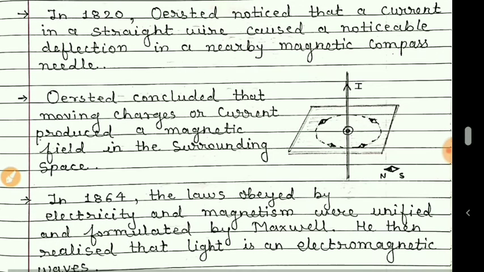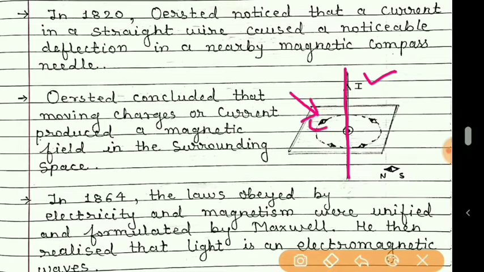Here a figure shows a straight conductor carrying current, and when the magnetic compass is brought near it, the needle gets deflected. And how it is deflected is shown here. When the magnetic compass is placed here, the needle is pointing in this manner, that is along the tangent to the curved path. When the compass is brought to this place, once again you can see the needle is along the tangent to the circle.